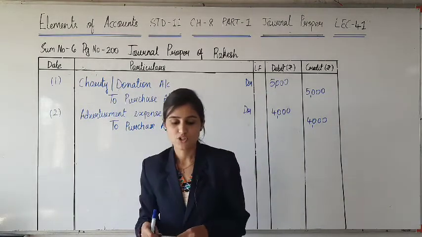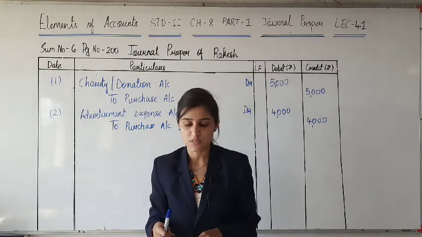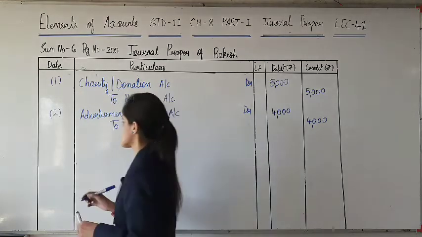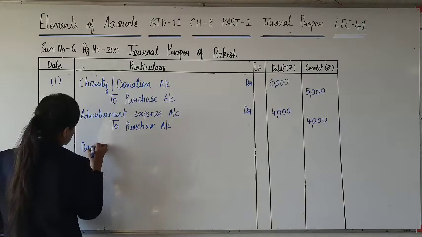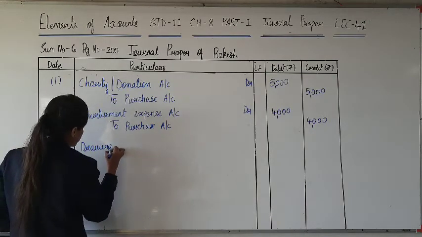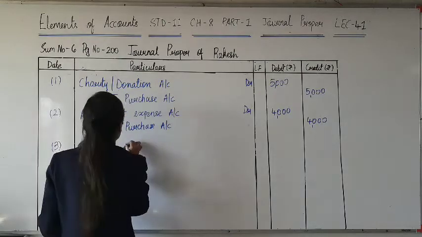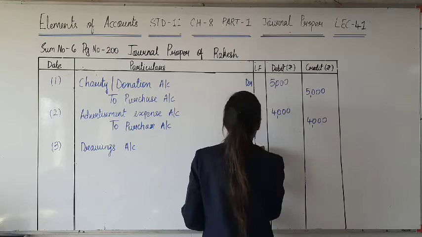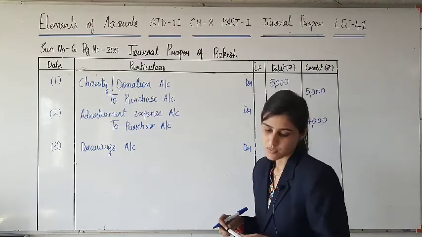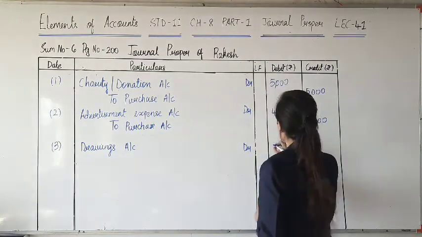Next, withdrew goods of rupees 8,000 from business for personal use. Goods taken for personal use is always drawings. So, drawings account debit. How much? 8,000.